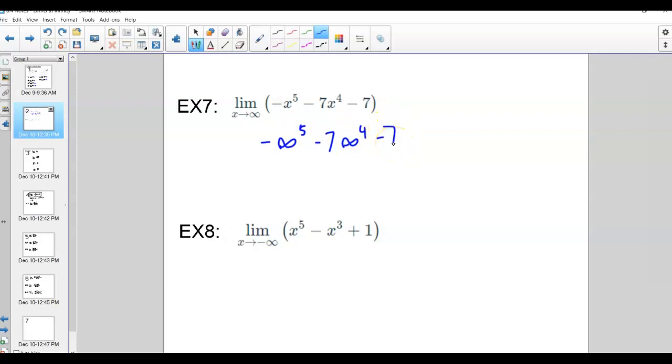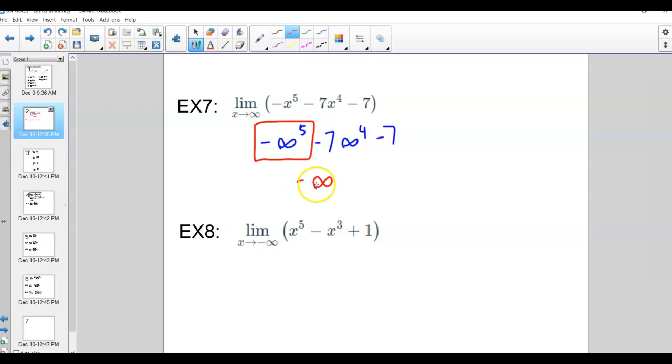When we're thinking about this, raising something to the 5th is going to make it a lot larger than something to the 4th power, or just the 7 over here. So we really just want to look at our highest variable term, because the 5th power is sort of going to trump everything over here. So if I have negative infinity to the 5th, that is going to give me negative infinity, and that is going to be my answer.